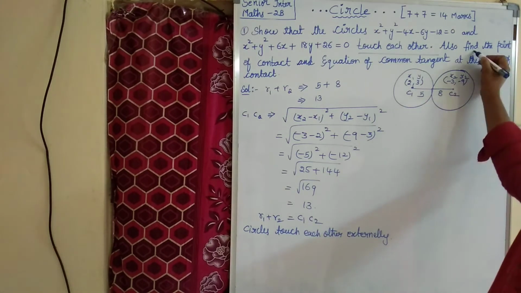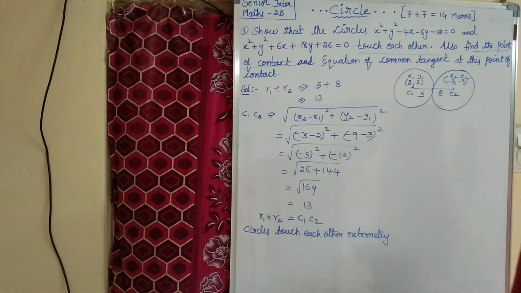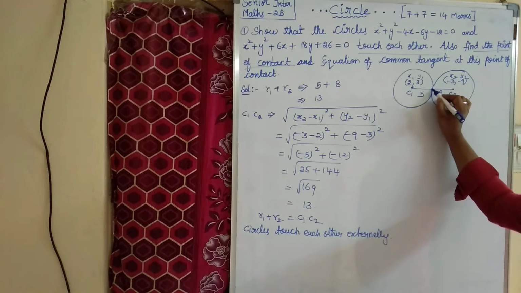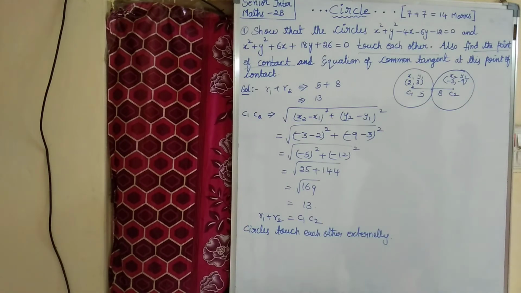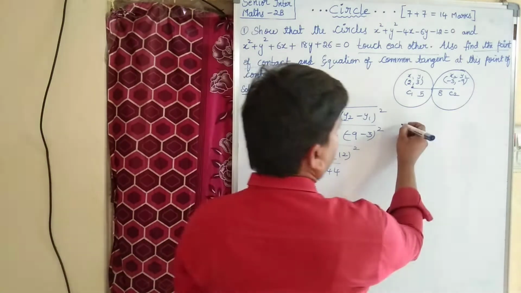And the second point, also find the point of contact. They are asking to find where the point of contact is. We have the formula, that is the section formula. What is the section formula, children?